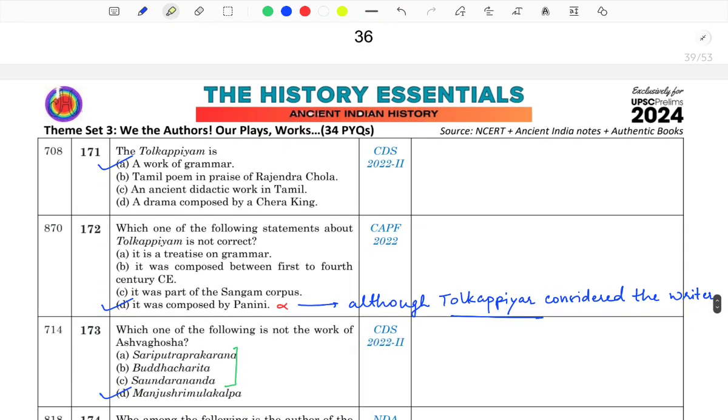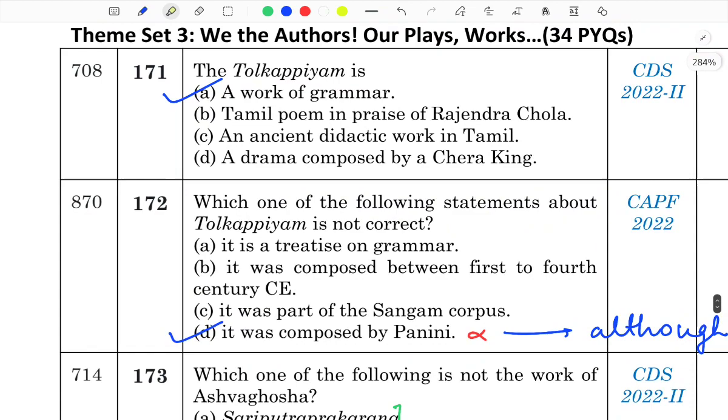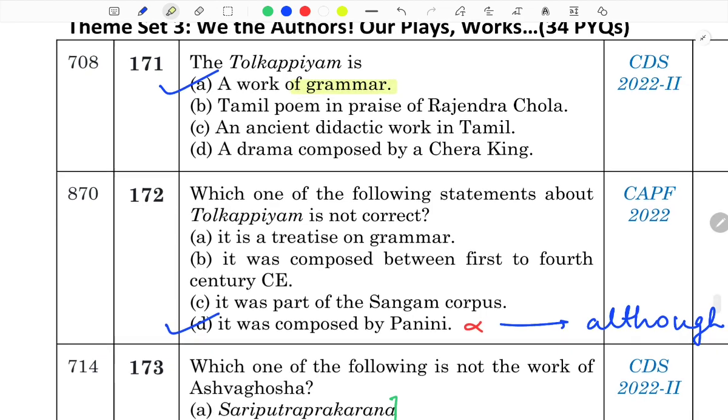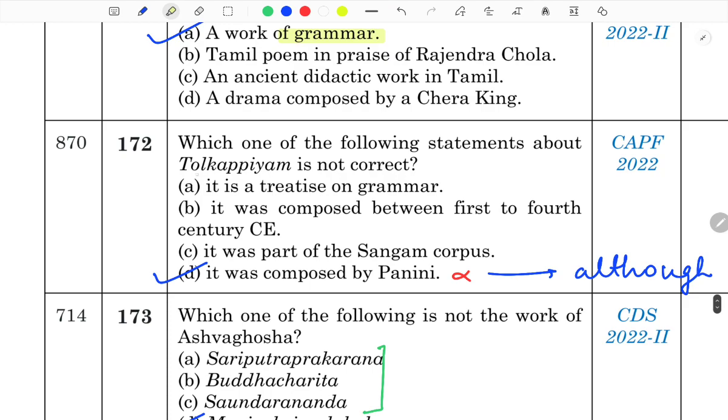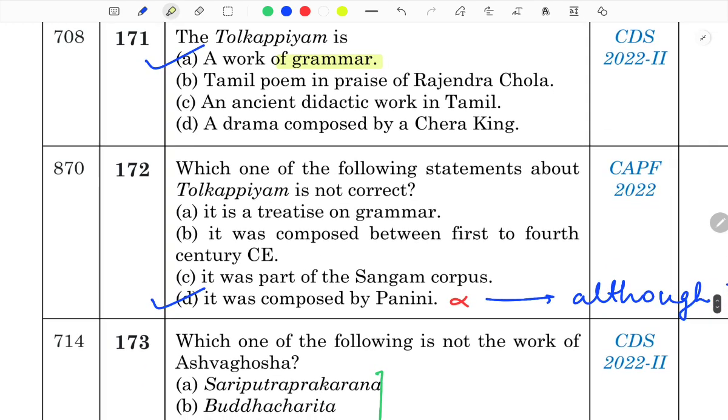Next question on the southern India's text, the most celebrated one, the Tolakappiyam, like the Ashtadhyayi, another work on grammar. Which one of the following statements about Tolakappiyam is not correct? Even a child can tell you that this is a wrong statement.